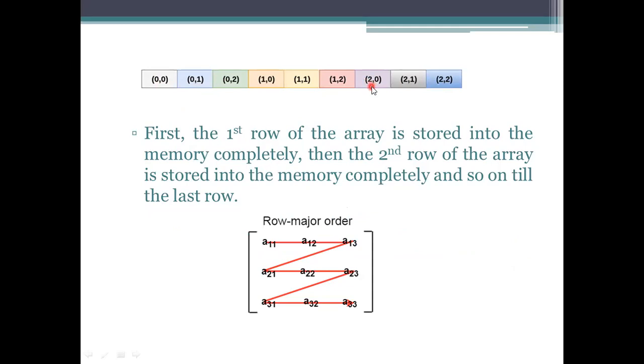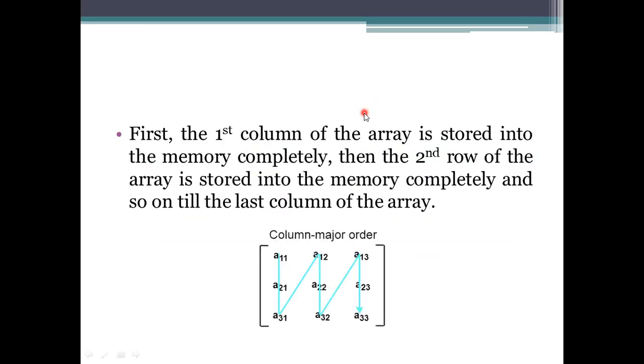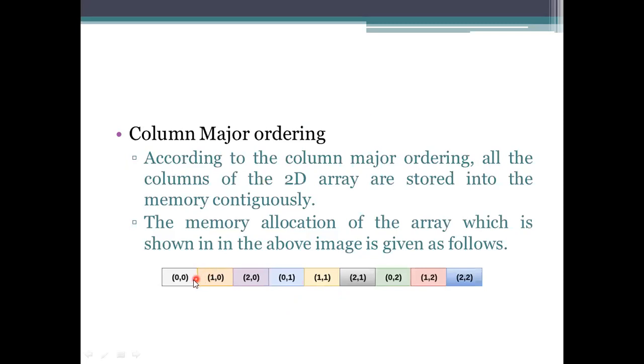In that pair we need to see the left value here. If you are considering the column major ordering, it will have the right side representation of that one. So the column will be at the right side of that pair. So in this pair, we need to see whether this one is occupied by the first column or not. As it is the first column, next second column, and then next third column there.